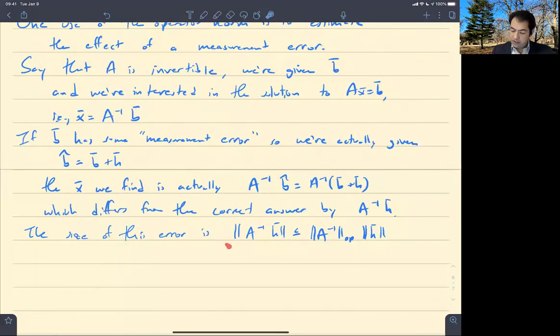And this tells you that if you have a matrix that's close to being singular, it's going to exaggerate the effect of a measurement error. You're going to need very precise measurements of B in order to get any reasonable approximation to X when you compute A inverse times B hat. So anyway, the operator norm is a very useful thing in numerical questions related to linear algebra.